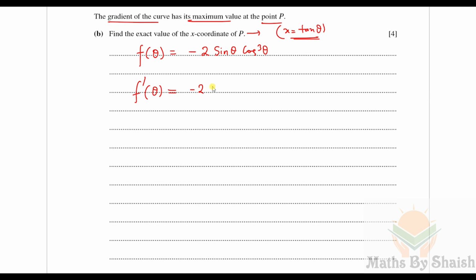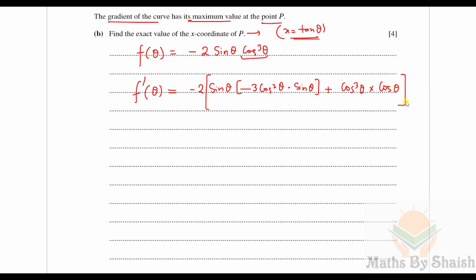So by the chain rule and product rule, we'll write it as minus 2, sin theta as it is, and next is the differentiation of cos cube theta, which is going to be 3 cos square theta, and the differentiation of cos theta is minus sin theta, plus, because minus 2 is a constant, I'll take it outside, plus the second function as it is, and differentiation of the first function, that is going to be cos theta, because differentiation of sin theta is cos theta.